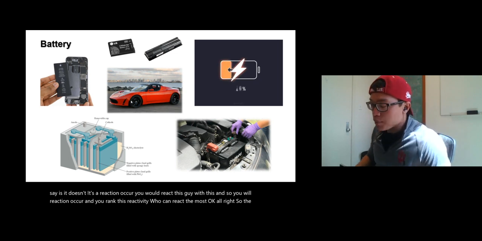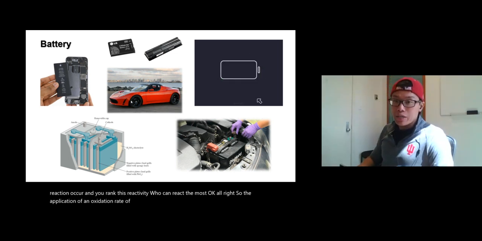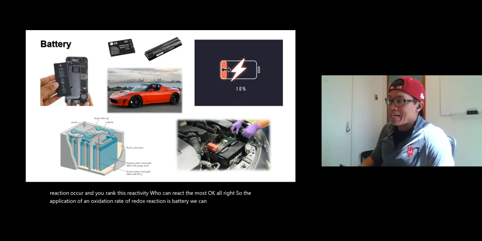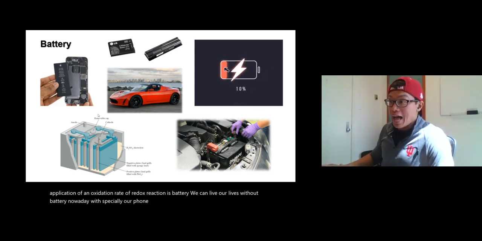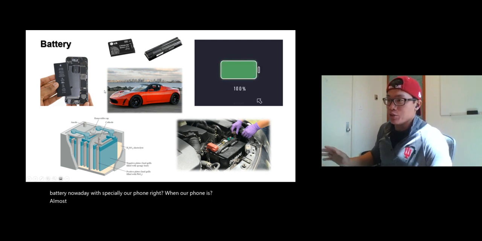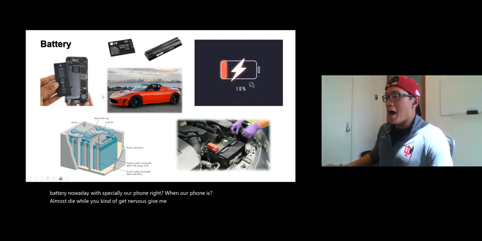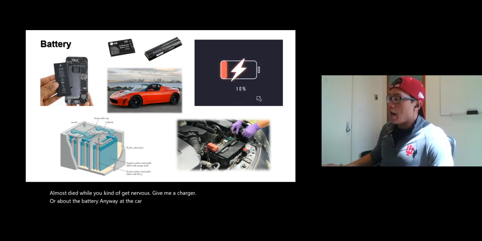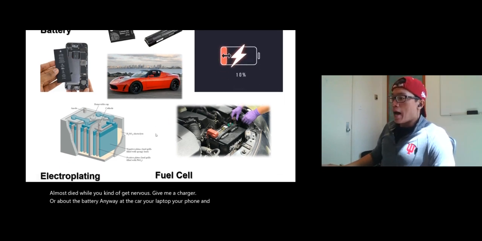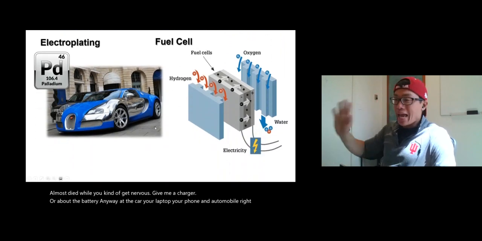So the application of oxidation-reduction reactions is the battery. We can't live our life without batteries nowadays, especially with our phones, right? When our phone is almost dead, well, you kind of get nervous. You need, give me a charger. So a battery is everywhere, the car, your laptop, your phone, and automobiles, right? Redox reactions have much more application than that.